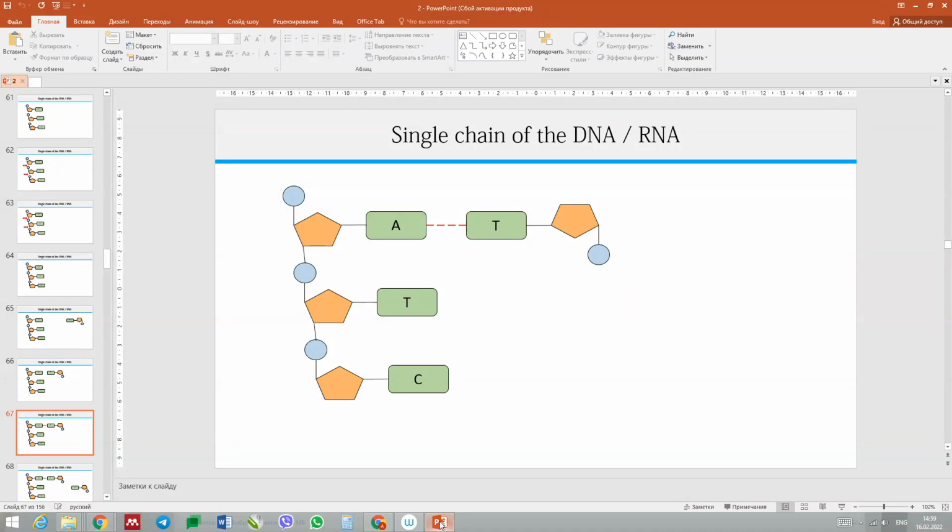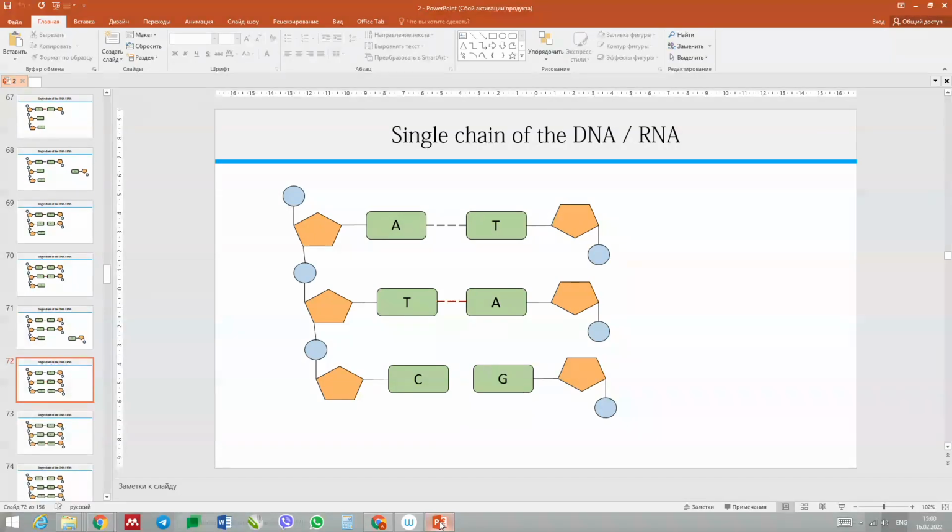Contact between nitrogenous bases of nucleotides that belong to different chains. And the same situation will repeat again and again. For example, here we see another building block. It should be located like this. And contact between nitrogenous bases that belong to nucleotides from two different chains will be established. This will repeat again and again. Also, we will need connections between sugar and phosphate. And now we have a short piece of double helix.